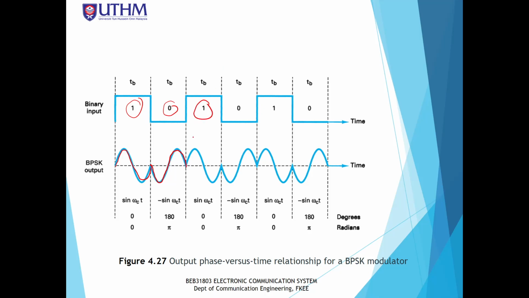Then input logic 1 gives a sine wave, then a negative sine, then a sine wave, and so on. The difference here is 180 degrees. So this is the BPSK waveform.